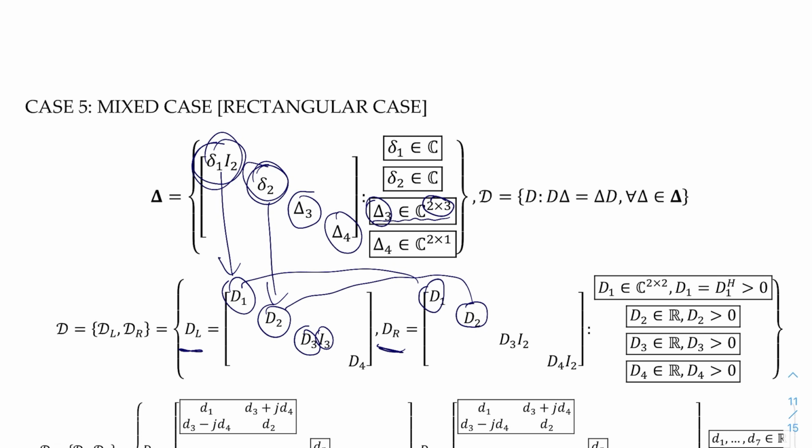However, since this is rectangular, you need to look at the dimensions, and this 3 goes to that location, and this 2 goes to that location. For example, this is 2 by 1. This one goes to that location, and this is an identity whose dimension is 1, and this 2 goes to that location.